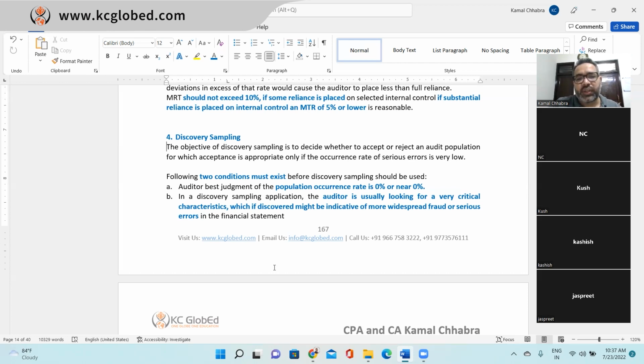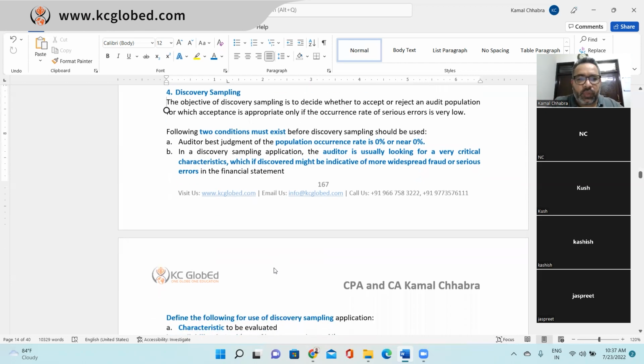The following two conditions must exist before using discovery sampling. First one is the auditor's best judgment of the population occurrence rate is 0 or near to 0. That means the auditor assumes that the probability of things going wrong is 0 or near to 0.